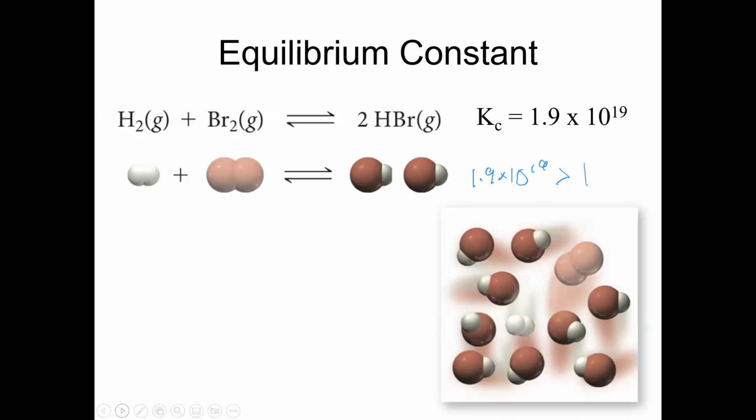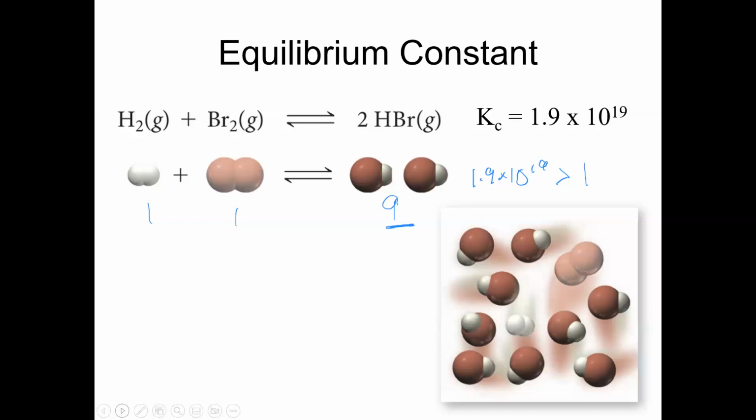What that means, and if you look at our particle diagrams, notice that here there is 1 hydrogen, 1 bromine, and 1, 2, 3, 4, 5, 6, 7, 8, 9 hydrogen bromides. So simply counting those, notice that there are more product particles.